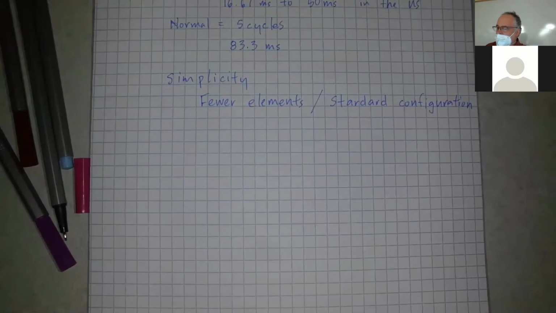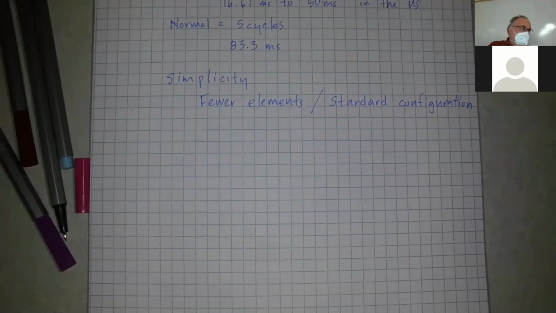So if you've got a relay that depends upon all kinds of things, that you're sensing the phase angle difference, you're looking at the travel time of the line, all kinds of goofy things, that's not a simple control circuit, a simple relay circuit, right? So you want to limit the number of parts, and then most utilities want a standard configuration.